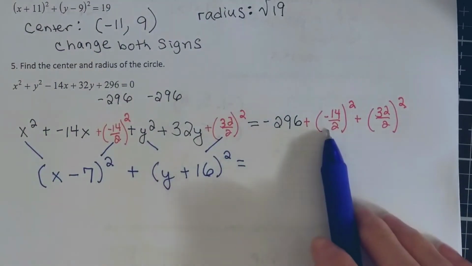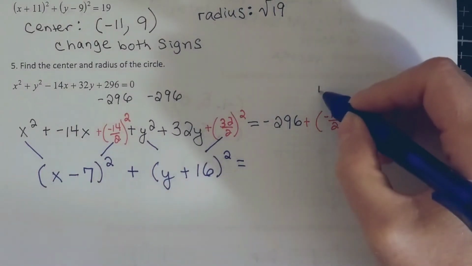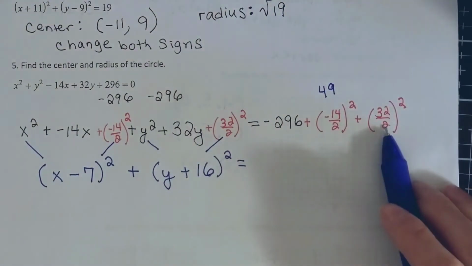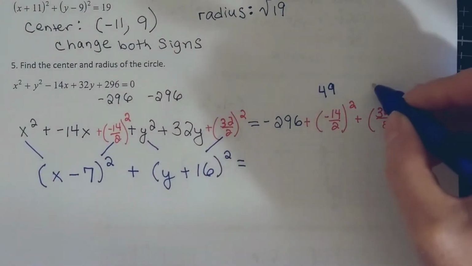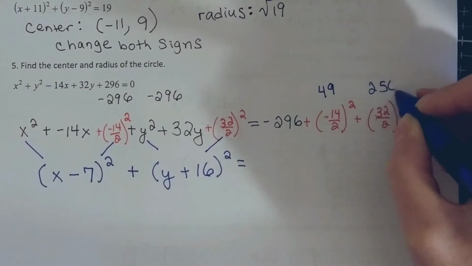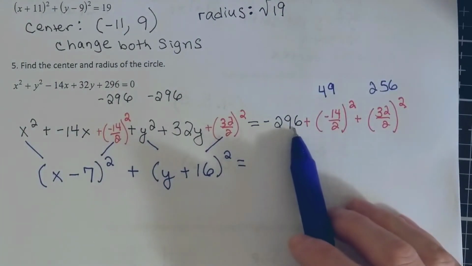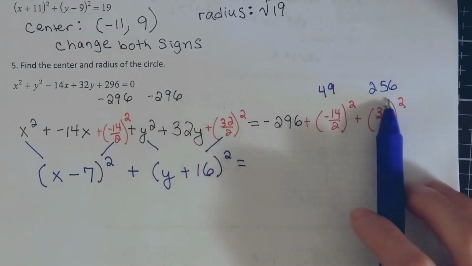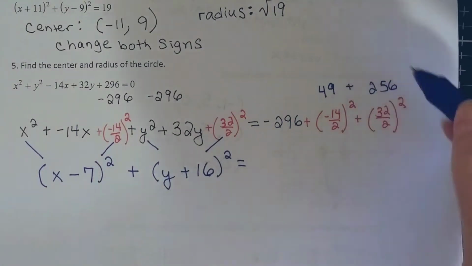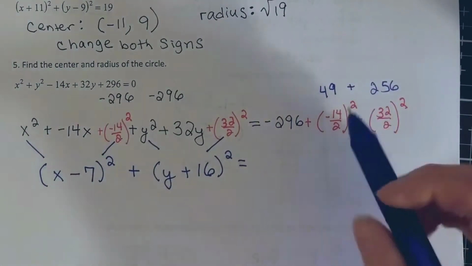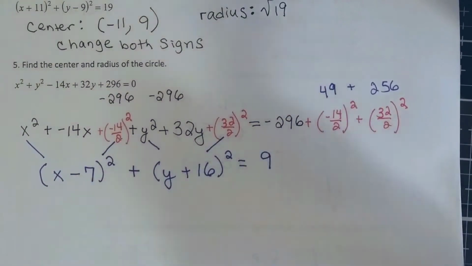Okay, so this would be 7, so 7 squared would be 49. This one over here is 16, and 16 squared would be 256. So negative 296 plus 49, and we're adding these here, plus 256 would give me 9.